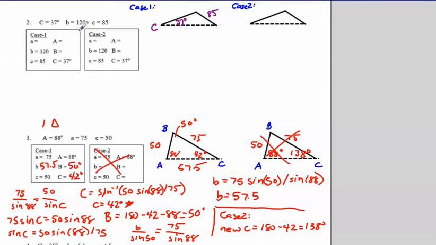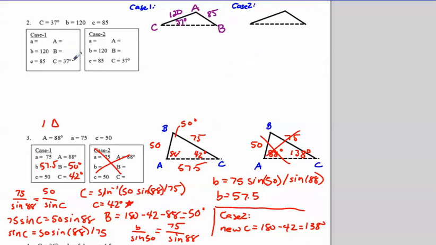Now I looked in advance at the 120 and the 85, and I saw that 120 is about 50% larger than the 85, so I tried to make this side be about 50% larger than this side. So I put 120 here. And if that's going to be my side B, that means that this here is my angle B. So then I'll call this one up here A.